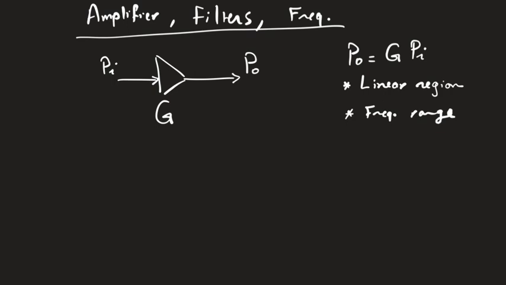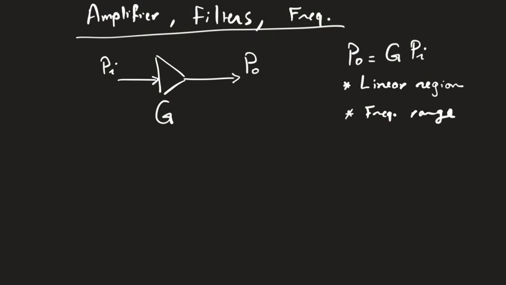If you violate one of those two conditions... any electronic component, including an amplifier, will have some operating frequency range. Within that frequency range, you can assume that from a frequency domain perspective, it has a constant amplitude across that frequency range. After that, it might decay. It might not be passing your signal normally, okay?